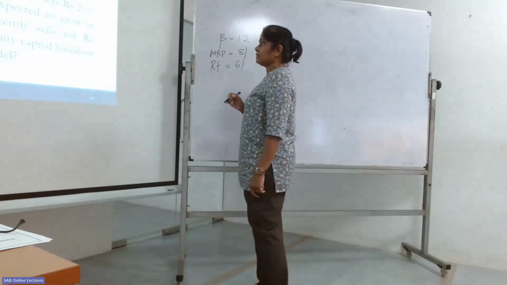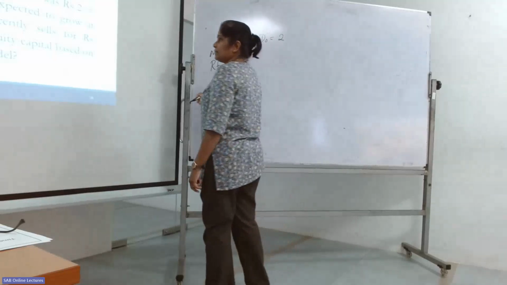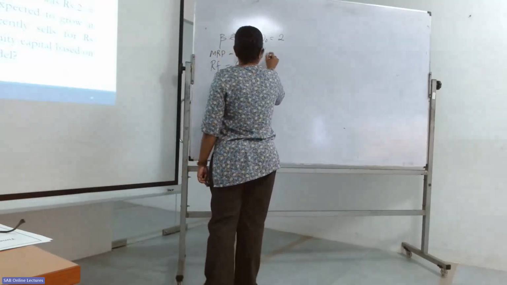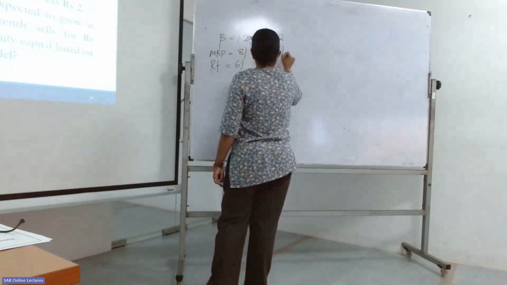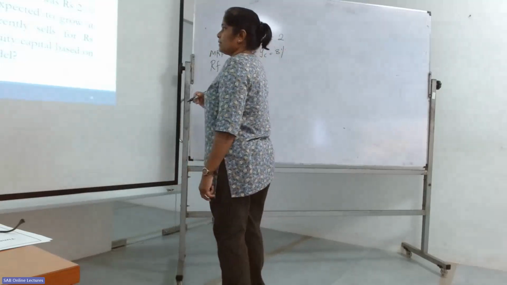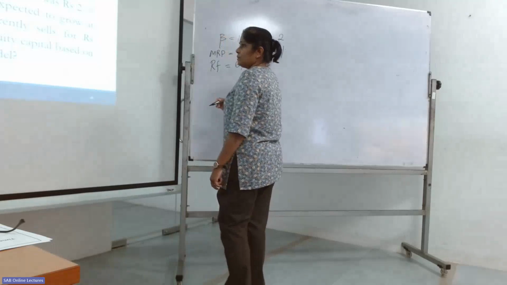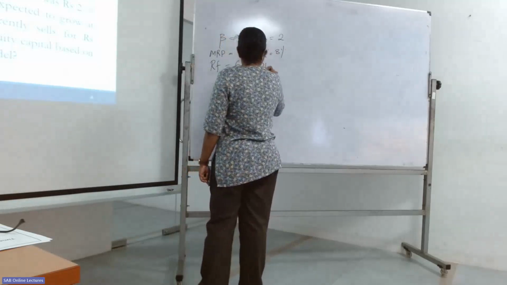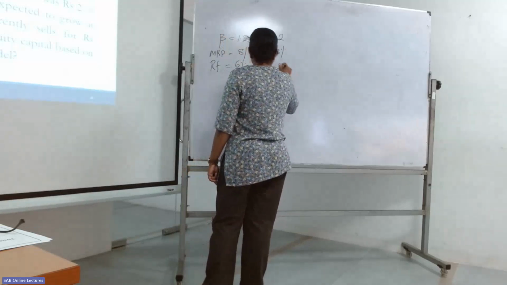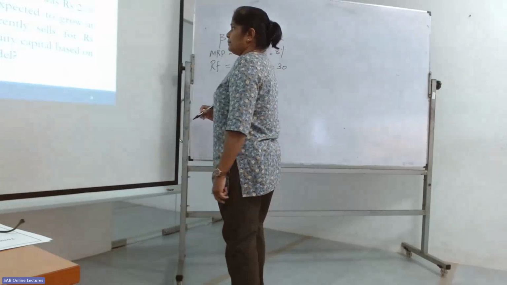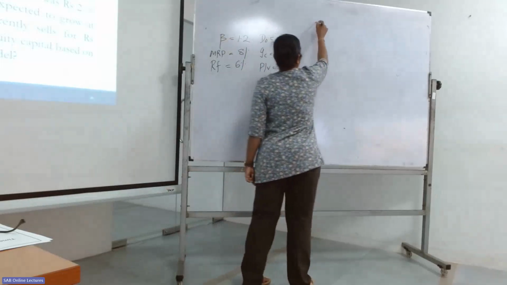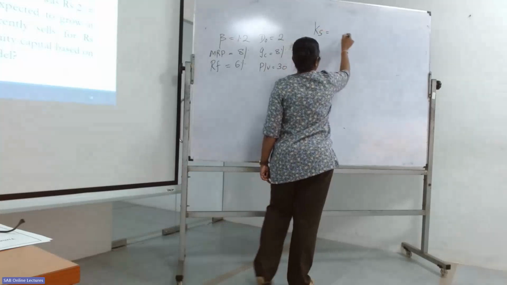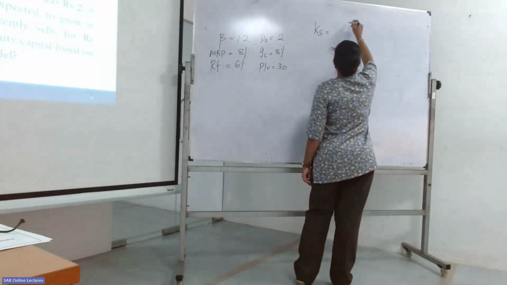Dividend is expected to grow at a constant rate of 8% indefinitely. Currently it sells for 30 rupees, so the price we consider as the value here is 30 rupees, and that's all. So based on CAPM and the dividend growth model, you have to estimate the cost of equity.